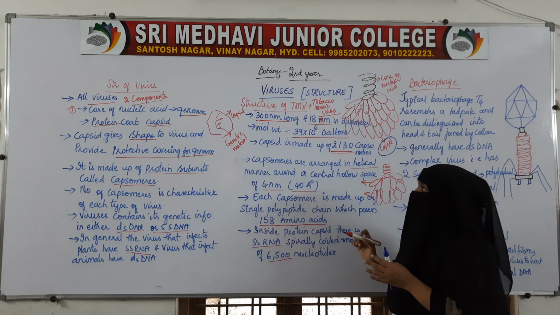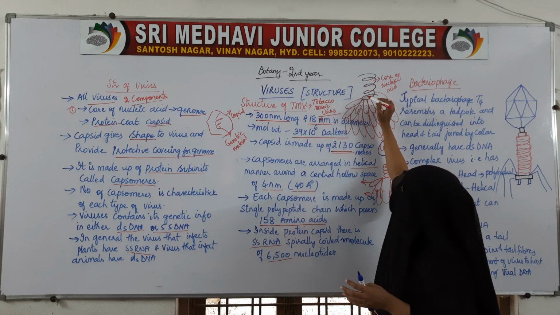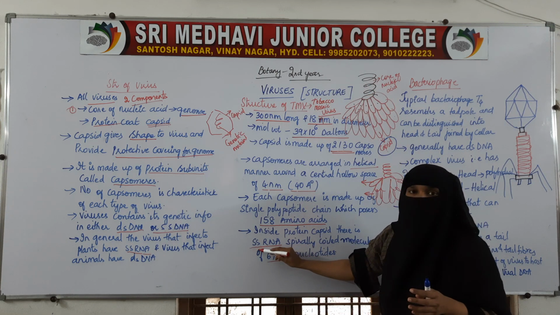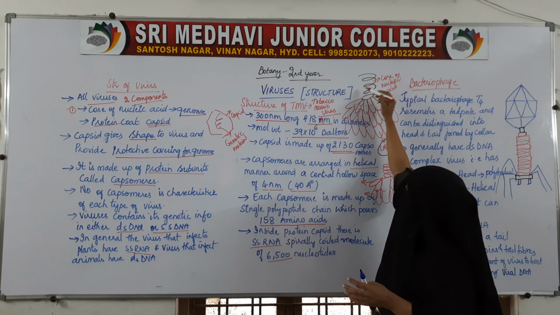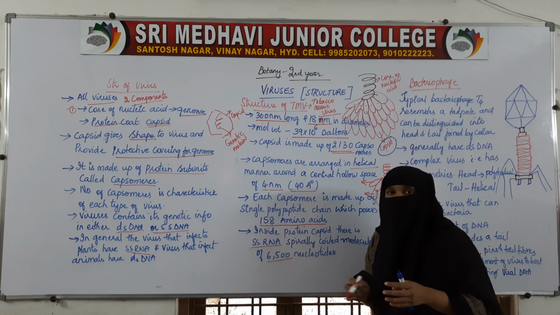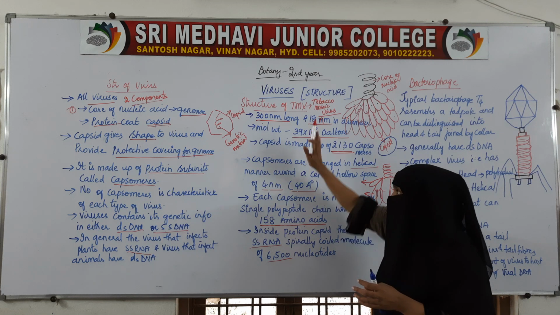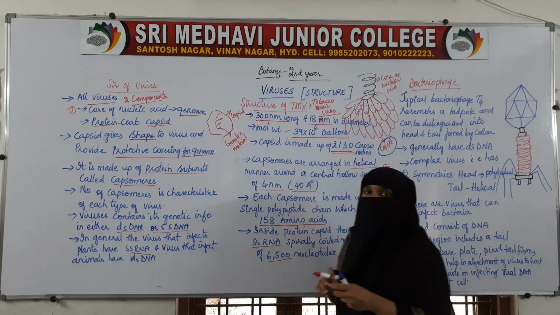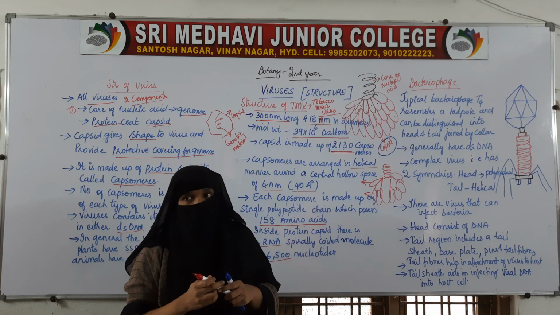Inside, the genome is single stranded RNA, having 6500 nucleotides. So this was the structure of the first discovered virus, tobacco mosaic virus.